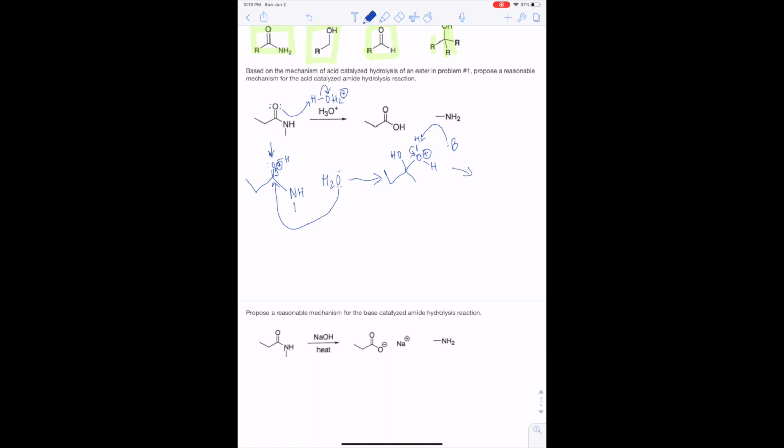Next, the base grabs the hydrogen to create another proton transfer. The lone pair on the nitrogen then grabs the hydrogen to create another proton transfer.